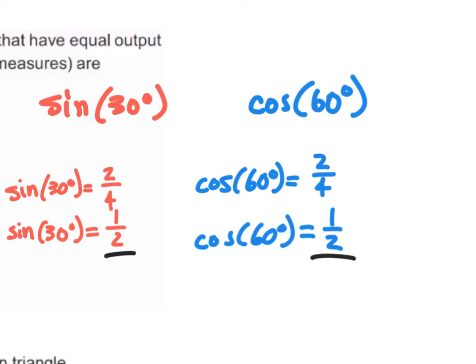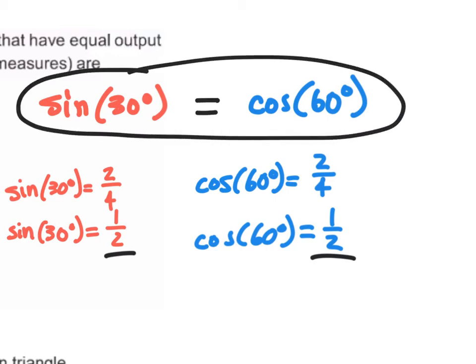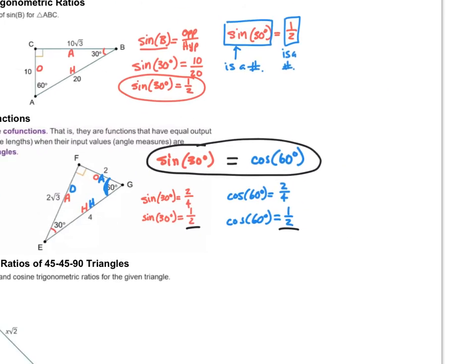Sine and cosine are what we call cofunctions. If I take the sine of an angle and the cosine of its complement, 30 and 60 add up to 90 degrees, then these two values are equal. That's the idea behind cofunctions.